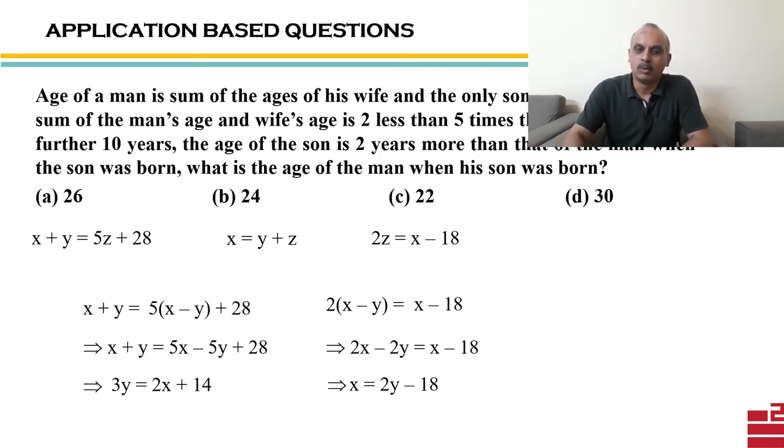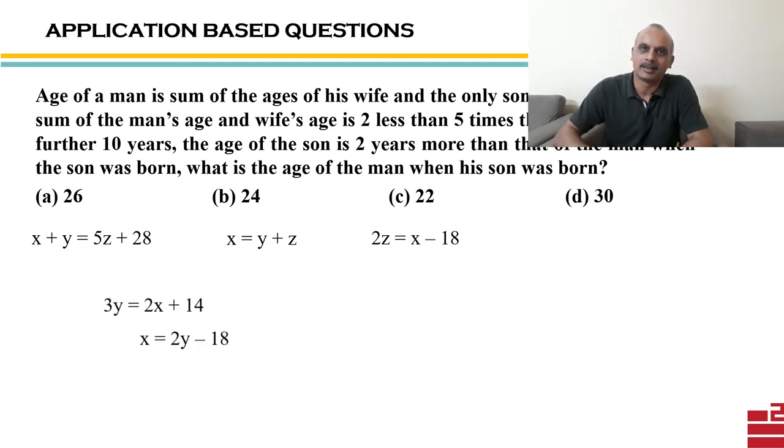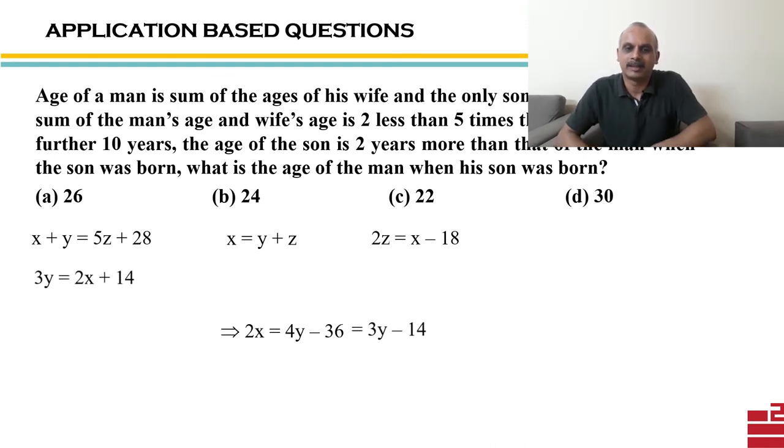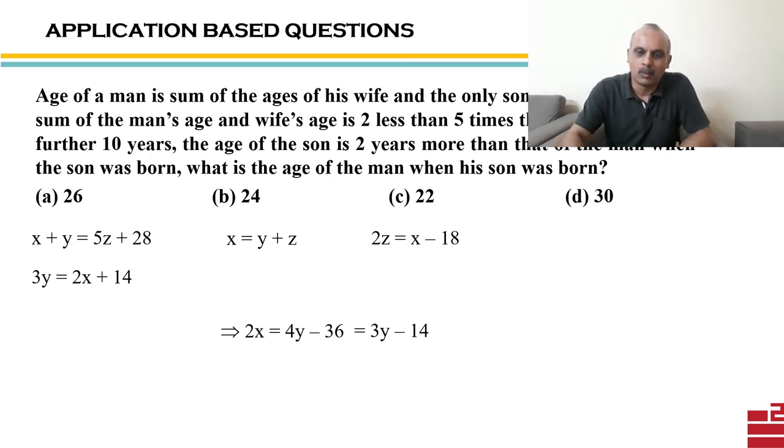Now we have got two equations in two variables. Look at this. 3y is 2x plus 14 and x is 2y minus 18. Now in the first equation I have 2x, and in the second equation I have only x. So if I multiply second equation by 2 and then eliminate 2x, I will get the value of y. So doing this, I get 2x is equal to 4y minus 36, which is 3y minus 14, and therefore y is equal to 22.